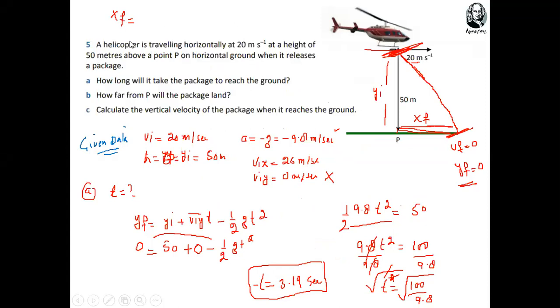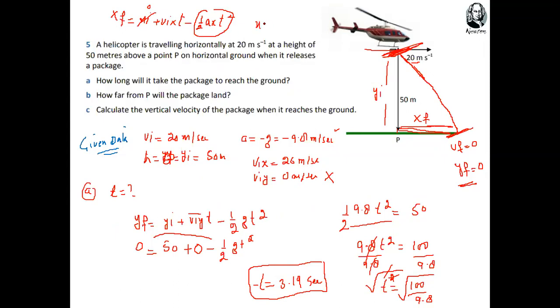xf is equal to xi plus vix t, then we have half ax t square, but this term is 0 because ax is 0, and the initial position is also 0.